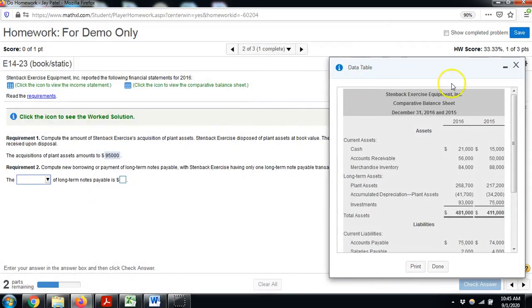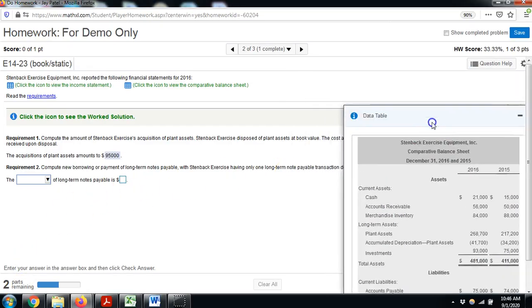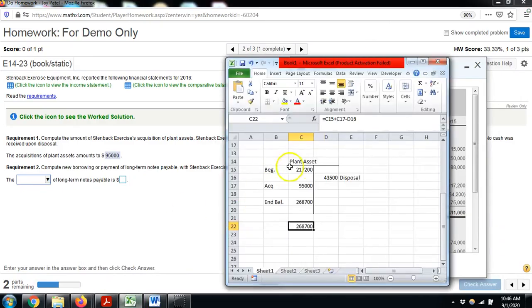Okay, so now we are borrowing with long-term note, and we only have one long-term note transaction that happened. So we only have one transaction in the year, so it's going to be a similar kind of thing. So let's just repurpose this T account. Now we're looking at long-term notes.